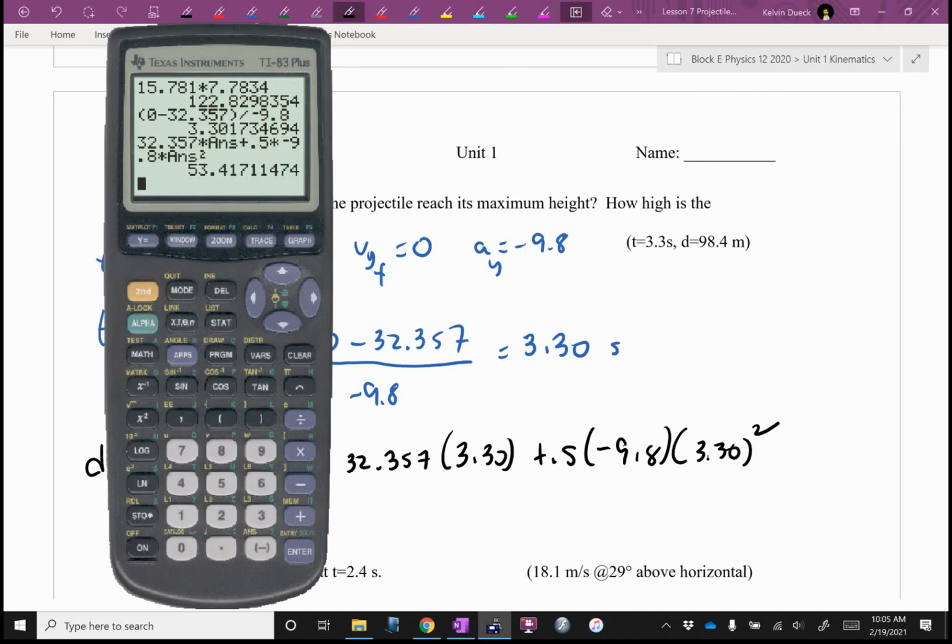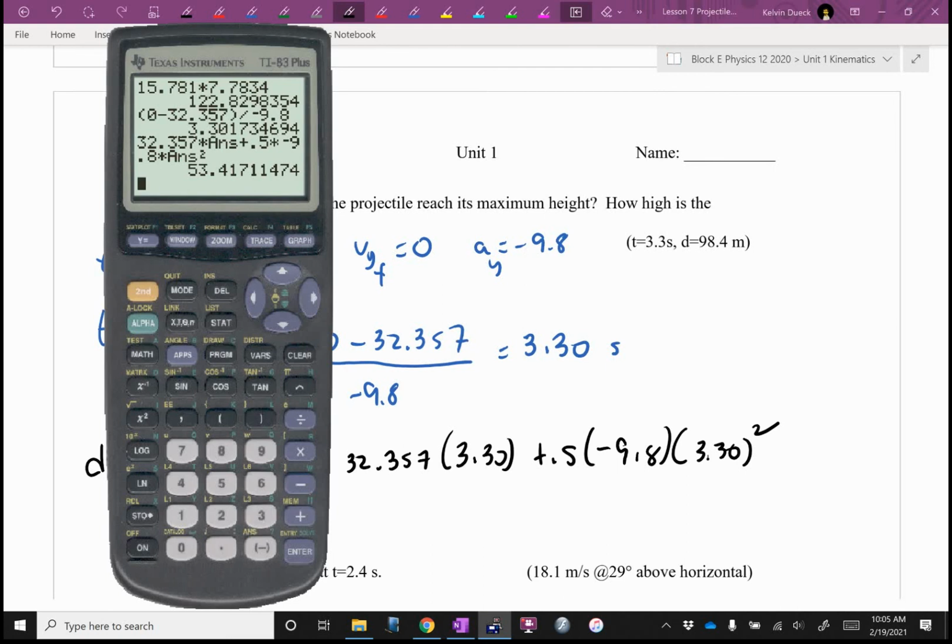Why is that wrong? I'll give you a hint. Why does the answer in the brackets there say 98.4 and not 53.4? We found how high we are above where we started from. Did we start on the ground?